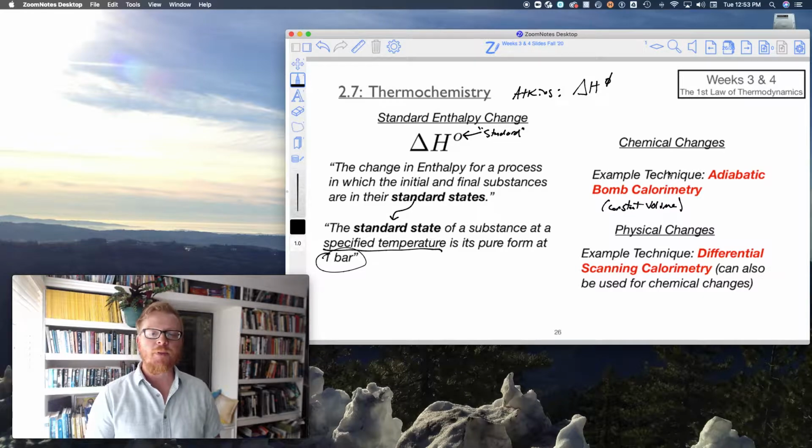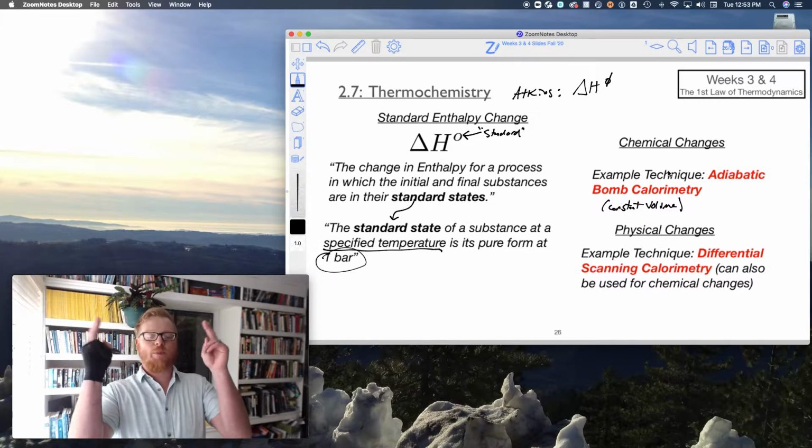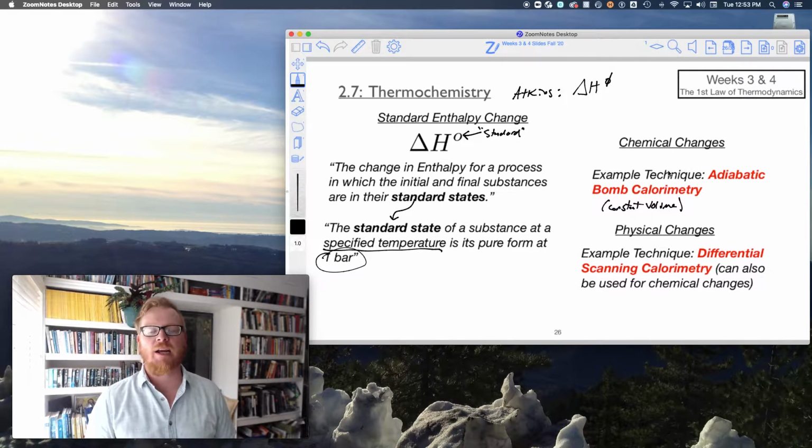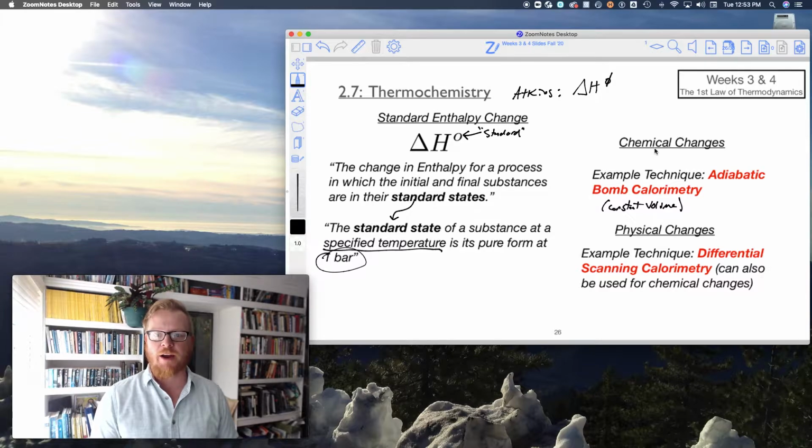And it's a bomb. I actually have one of these things in my lab, and I hope that you're able to use it next spring. I really do. It's a very cool technique. I'm going to talk about this, I have a whole slide for this next. But this technique is great for characterizing chemical changes, most notably combustion.